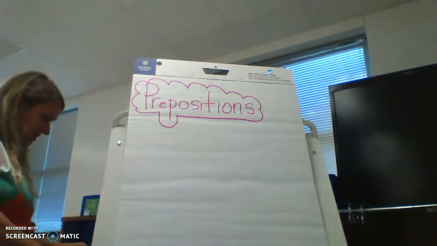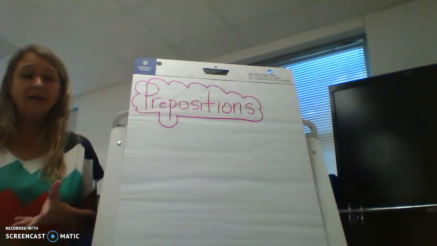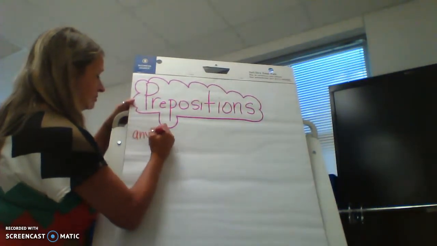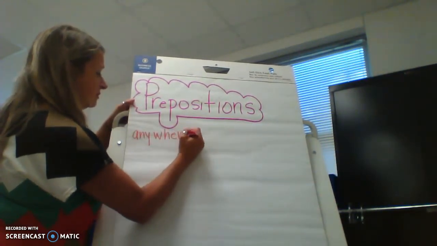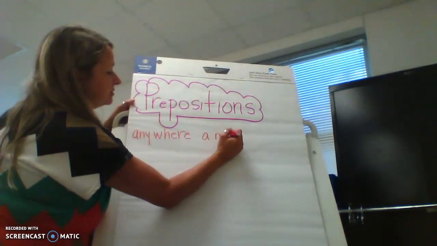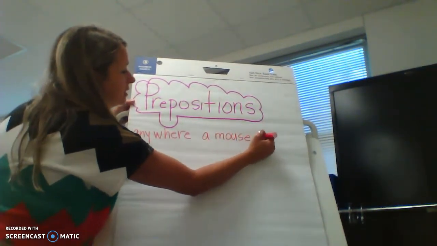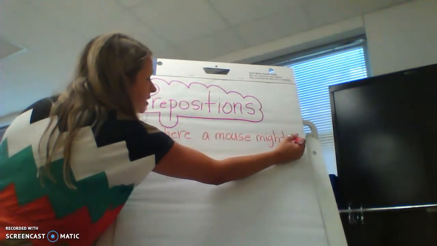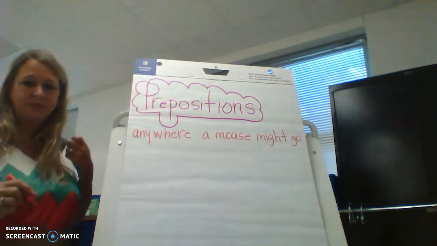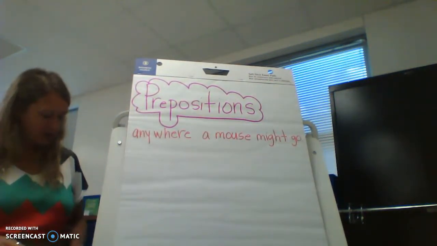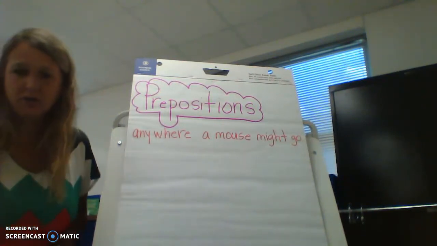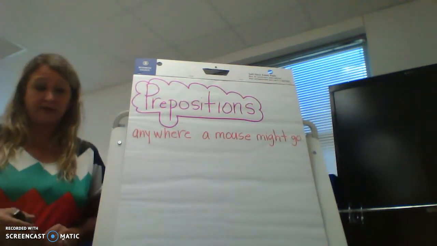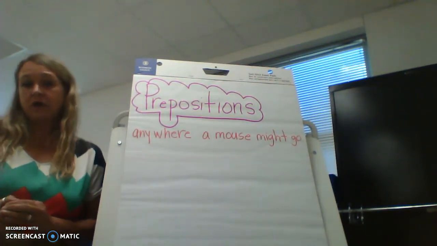And basically, prepositions are anywhere a mouse might go. Anywhere a mouse might go. So we're going to draw, I say we, you're going to draw this in your journal as well, but you don't have to do it right now. You can watch me first.